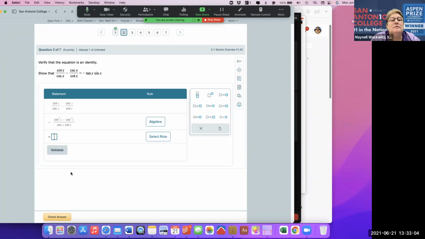Now, what do y'all want to do? First, notice that we've got cotangent squared x and cosecant squared x. Do we have an identity that connects those?